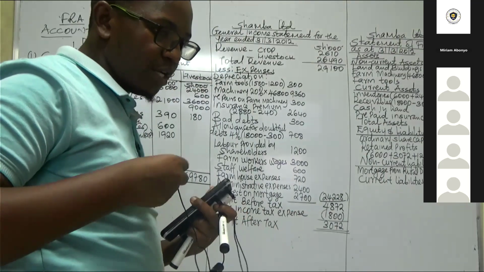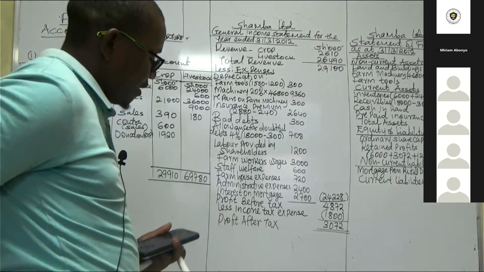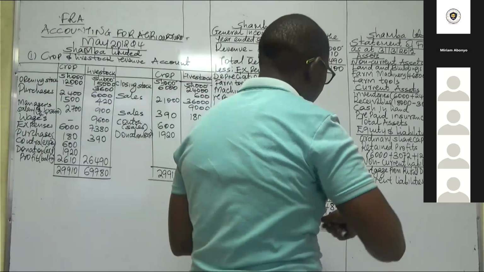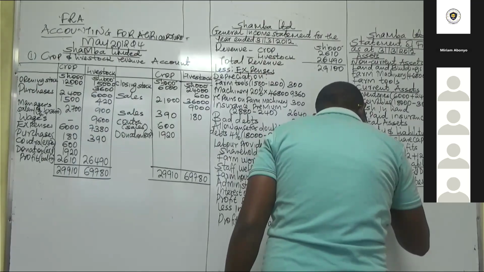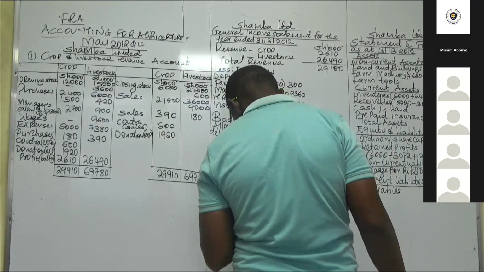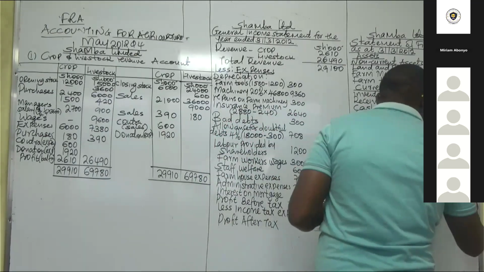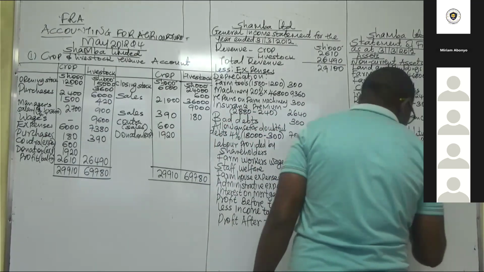What is the mortgage from Rural Development Bank? We've gotten 36,000. Current liabilities here we have the what? Payables. What was the amount for the payables here? The payables are of how much? Is it 9,000?